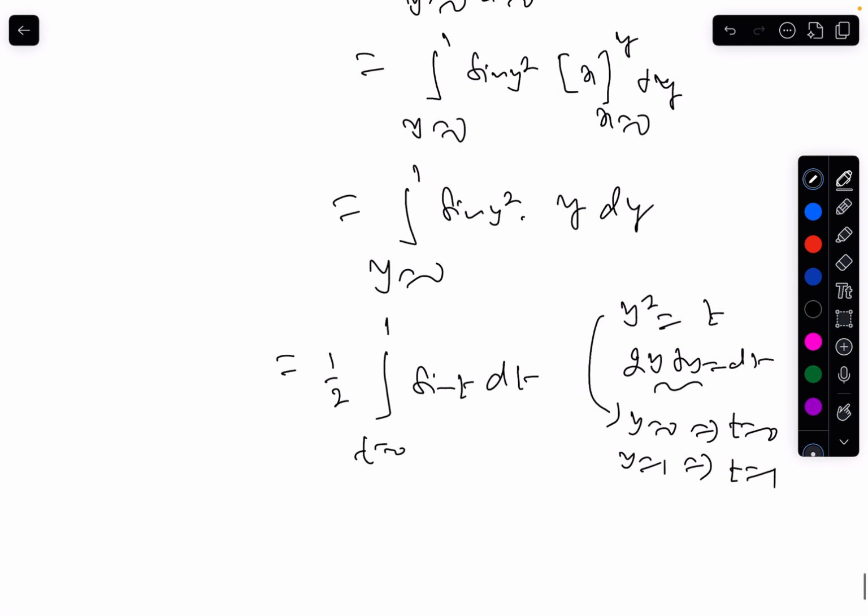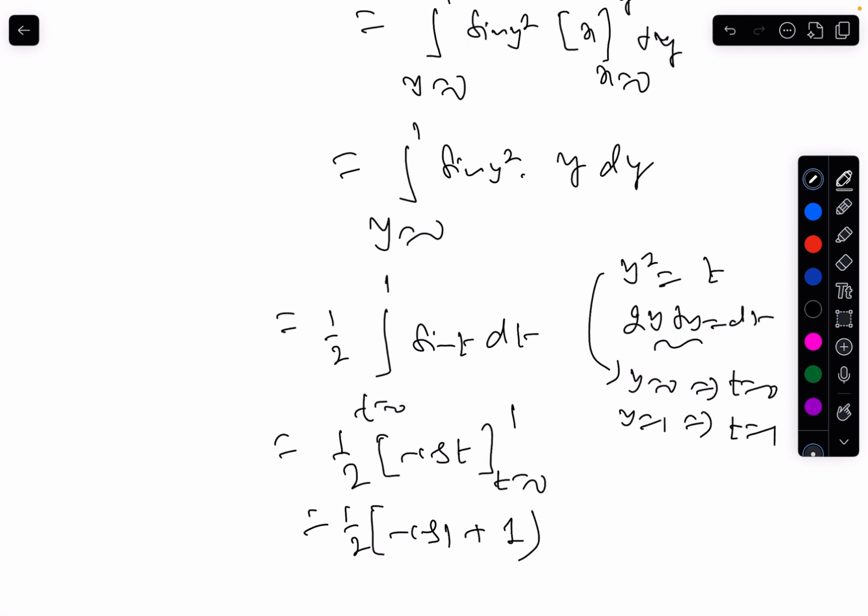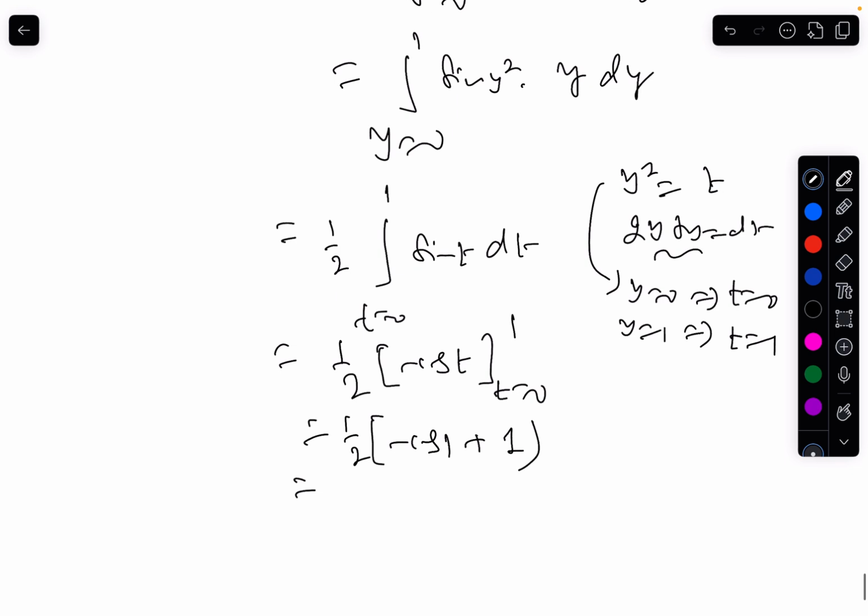So t equal to 0 to 1. And so this is 1 by 2, minus cosine t, t is 0 to 1. Minus cosine 1 minus minus plus cosine 0 is 1. So answer is 1/2 into 1 minus cosine 1.